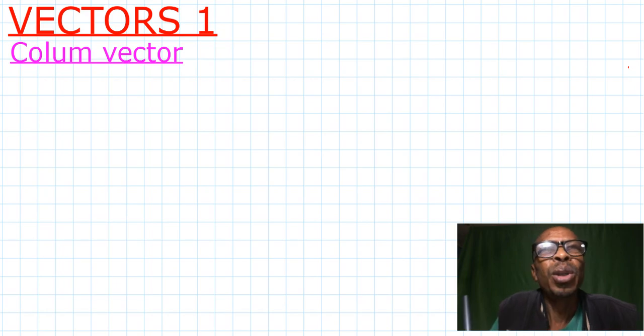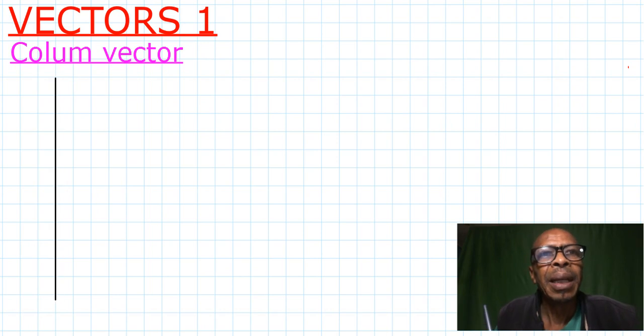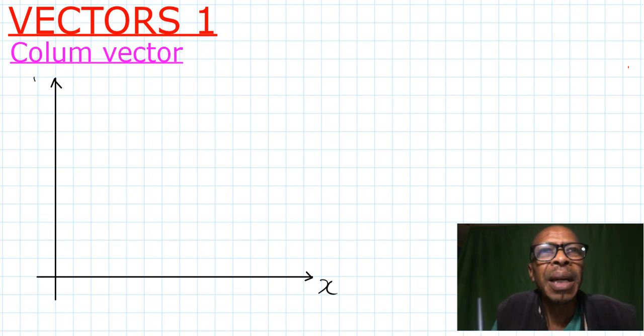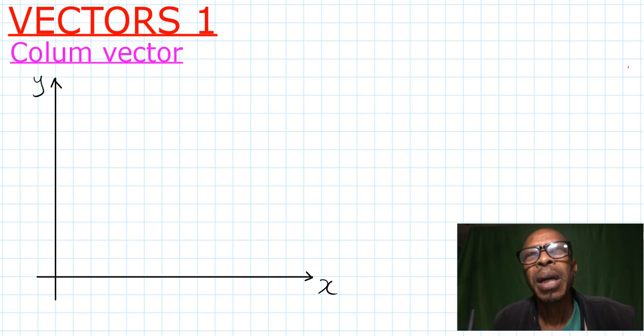I'm going to use a Cartesian plane to demonstrate that. So let me draw a Cartesian plane here. So we have the Cartesian plane, we have the y-axis, and we have the x-axis here. So we show the arrow there, and then we have our x here, and we have our y there. Now, when you draw the Cartesian plane, you must label.